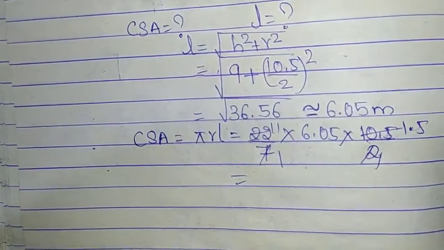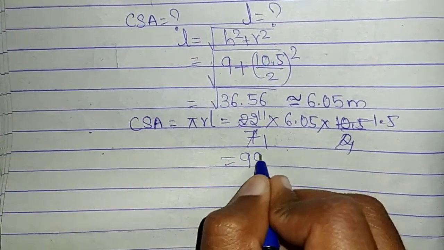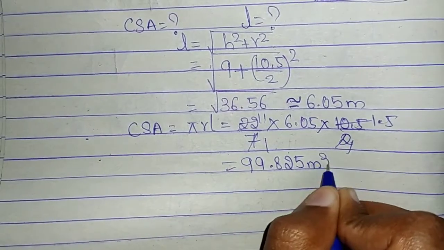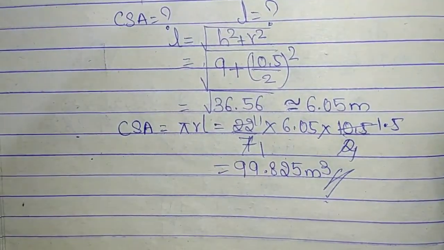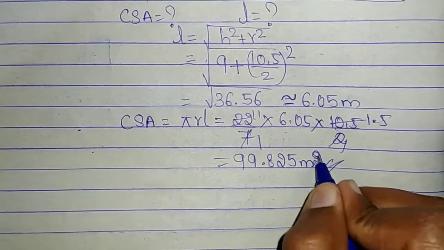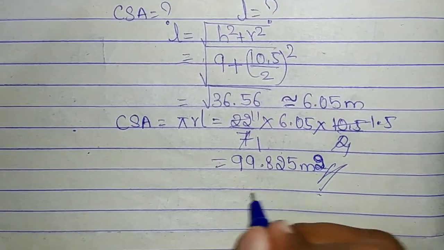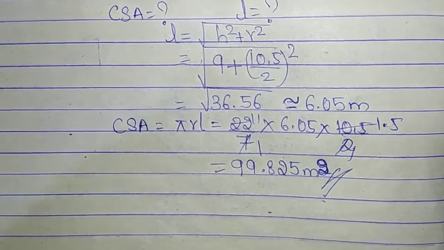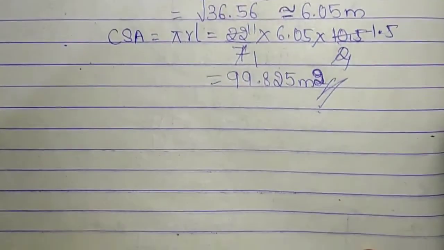On multiplying, we get 99.825 meter square. So this is the area of the canvas required to cover the heap of wheat to protect it from rain. So next, without further ado, we will move on to volume of sphere.